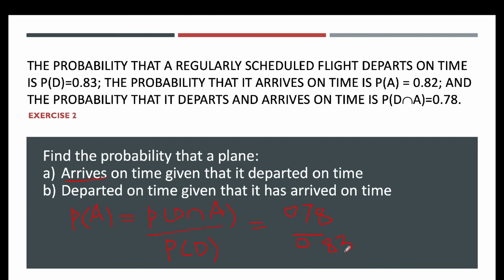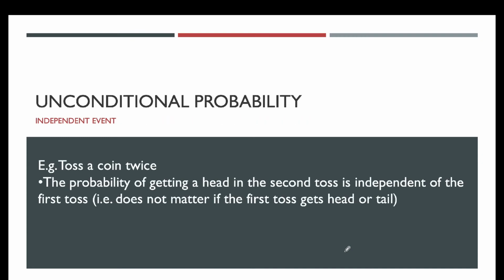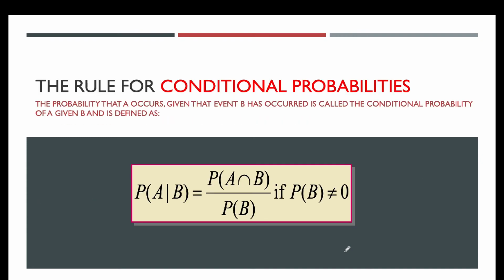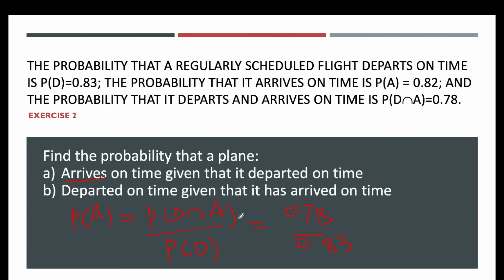Because this follows the formula of conditional probability. Oh, I'm sorry, actually it's supposed to be P(A given D). Hold on.